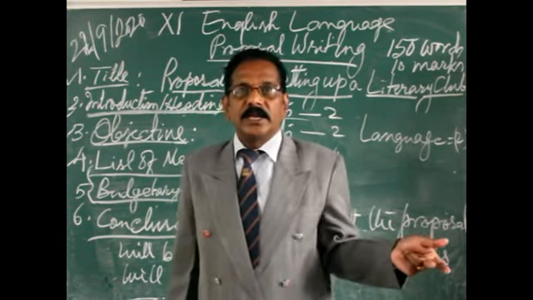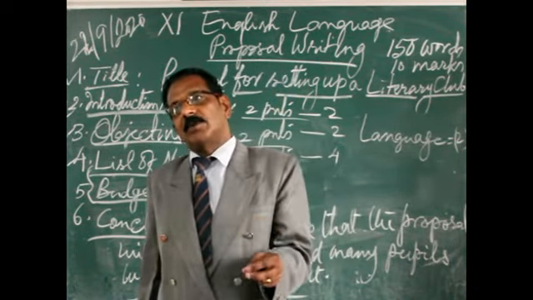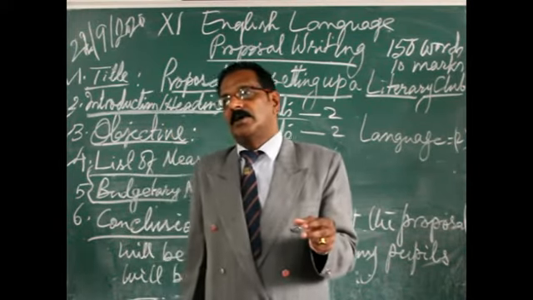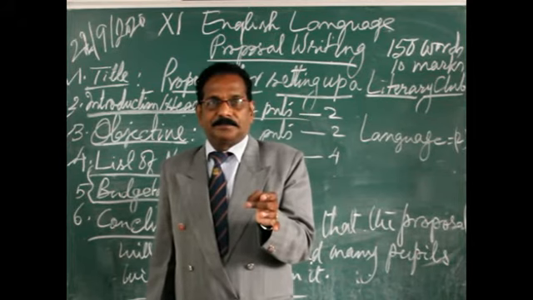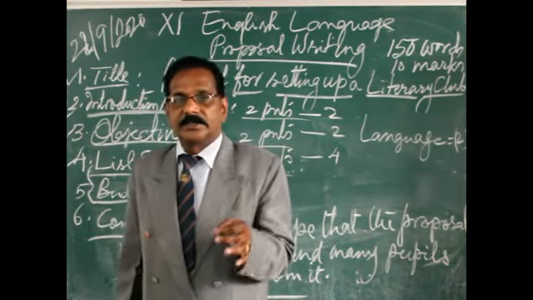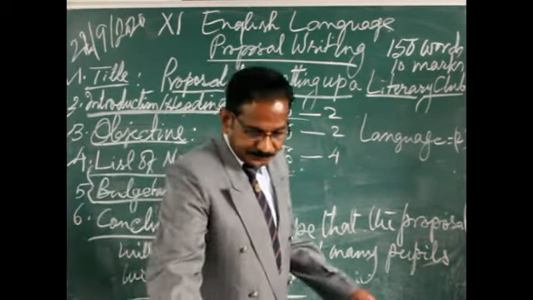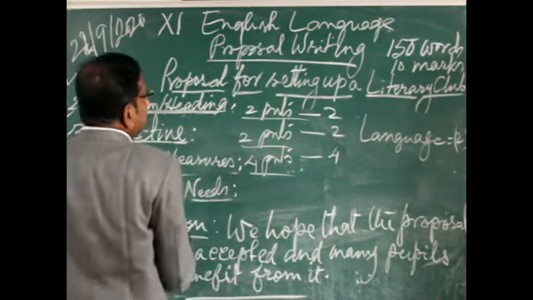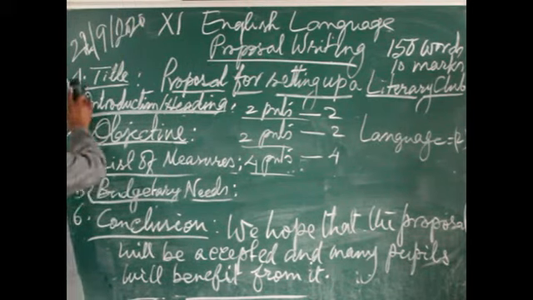No scope for any errors. And therefore, remember, it's a language paper. In a language paper, your language has to be correct. Alright? So that's your proposal writing. Okay. Is that clear? That's your proposal.